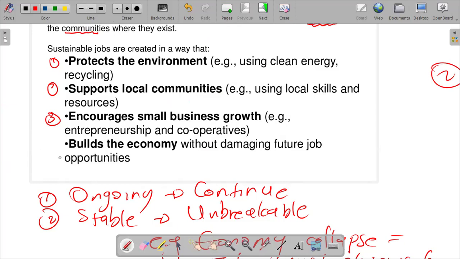And then fourthly, mines could build the economy without damaging future job opportunities.